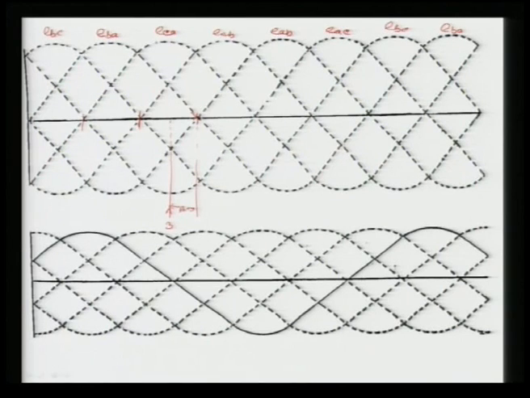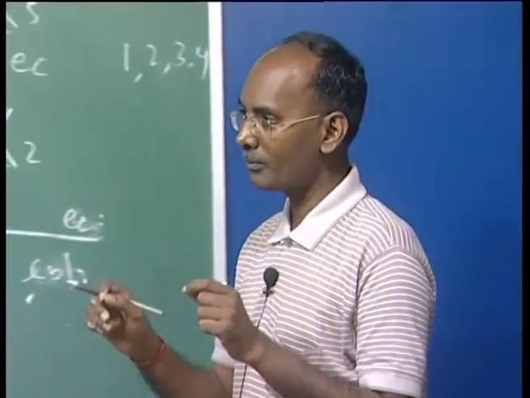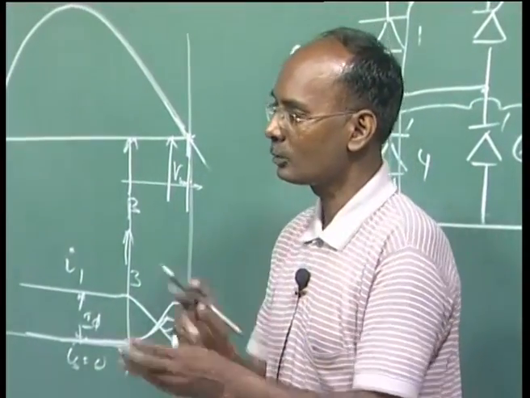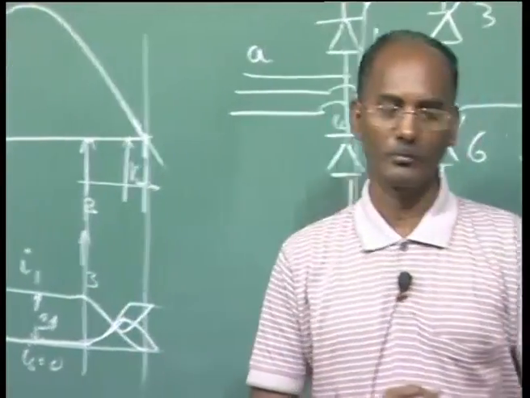Valve 2 timing will be this, valve 1 will be this, and here valve 4 will be this. We write here 5, here 6, here again 1, and here 2 again. So these are the gate patterns given to all the valves after every 60 degree.